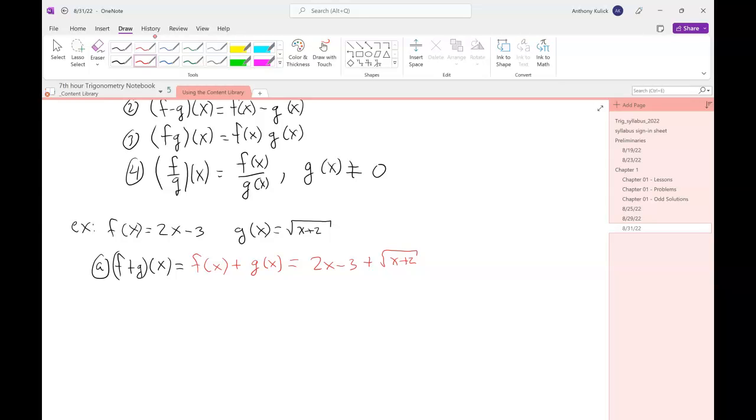Now, since the only operations going on here are addition and subtraction, is there any like terms I can combine here? What do you guys think? What could we combine here?